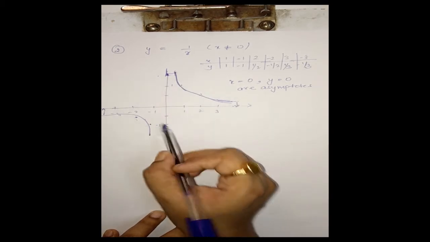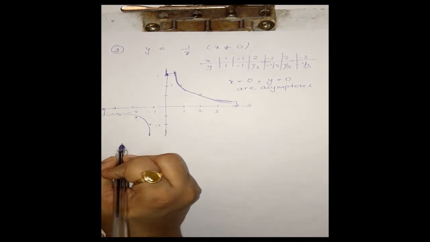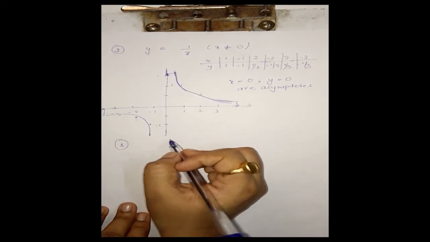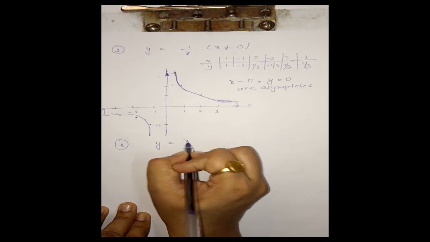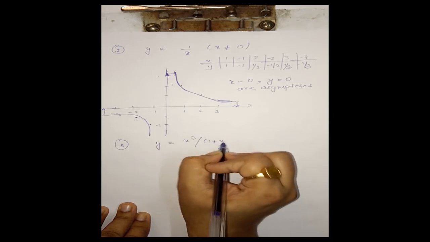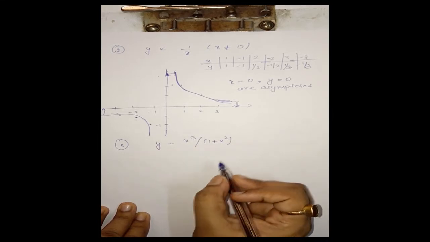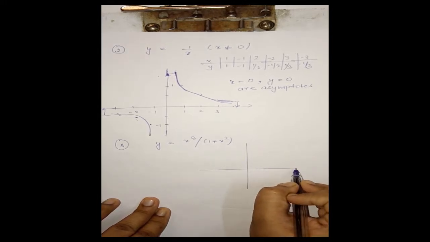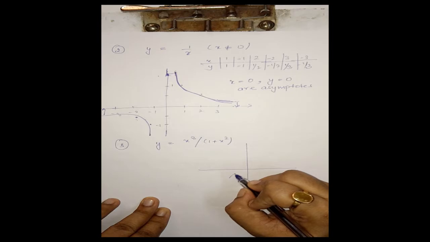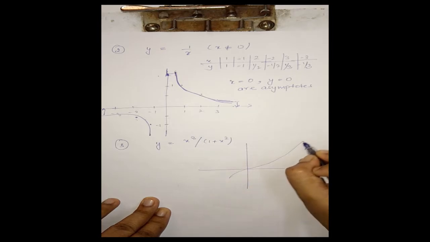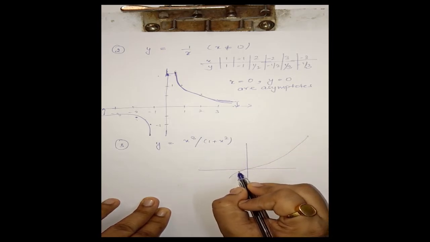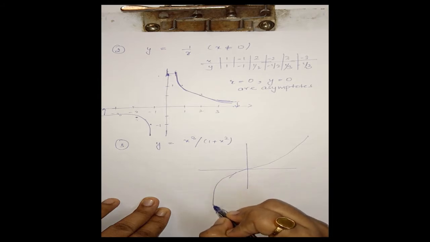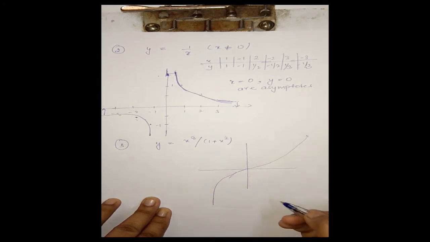If I take the next curve, y is equal to x cube by 1 plus x square, and plot the graph, the graph of this function is of this form.